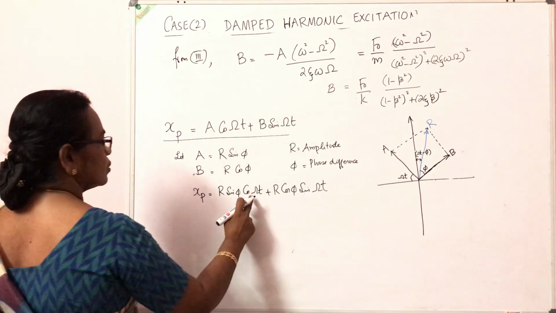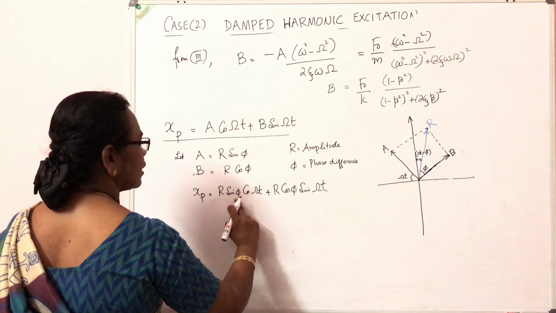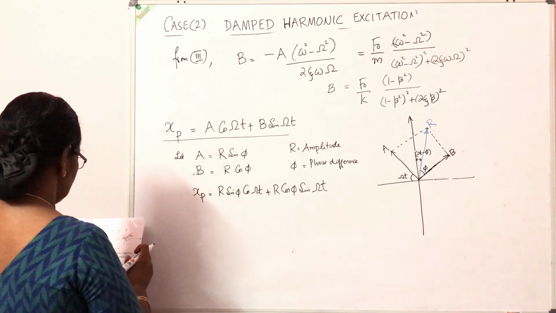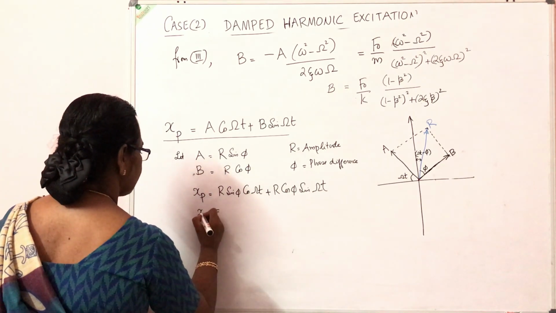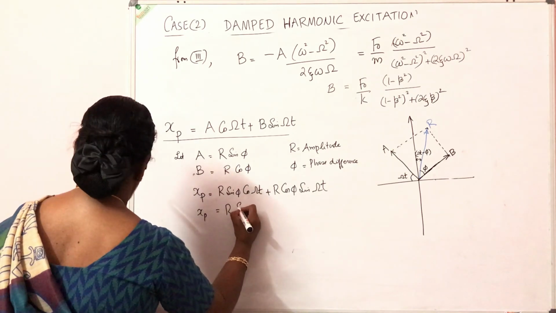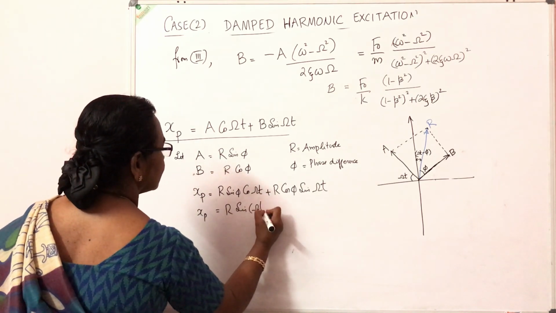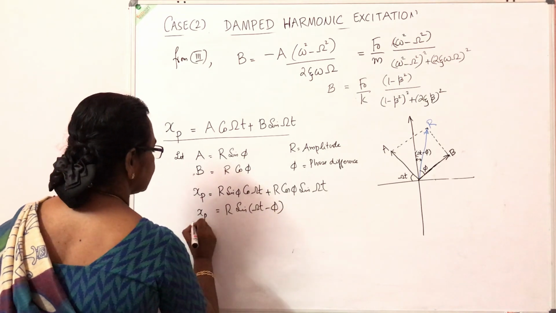This is of the form cos A sin B plus sin A cos B. So that is equal to R sin(omega t minus phi).